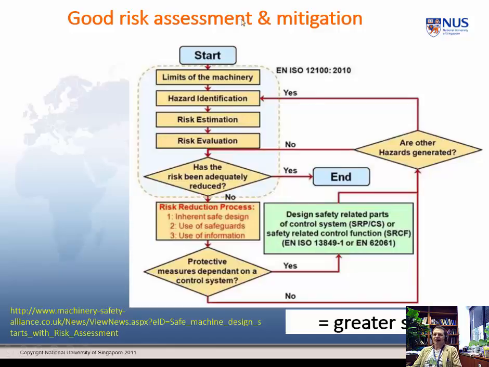Okay, so this is about machinery, we know that, so we start up here, and first of all we understand what the limits of the machine are. We identify the hazards with the machine, and this is important now. To identify the hazards, you have to know what people are going to do. So you've got a brand new lump of kit there. If all it's ever going to do is sit on the bench and grin at you and wink its little green lights, probably not much risk.